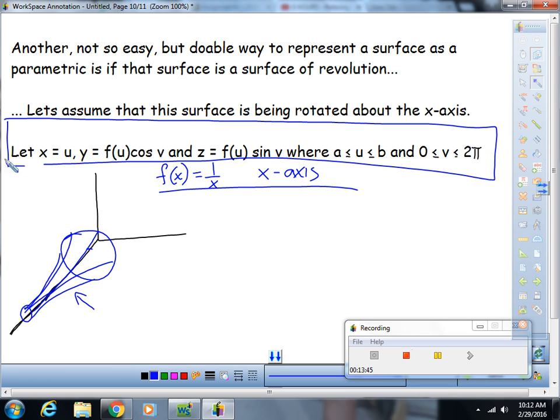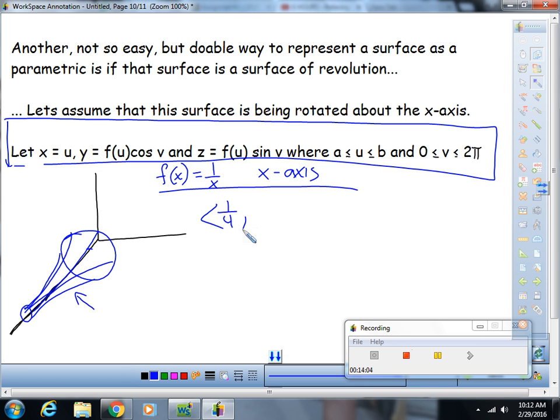So our parametric equation for this function, let's just follow the steps. It says let x equal u. So x is going to be u. So we'll call this 1 over u. Hopefully that makes sense. We're revolving around the x-axis.